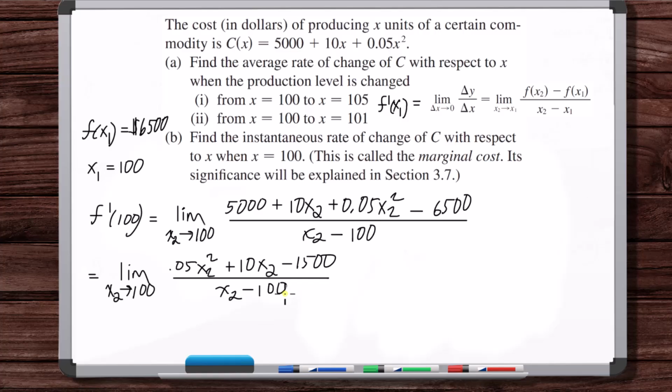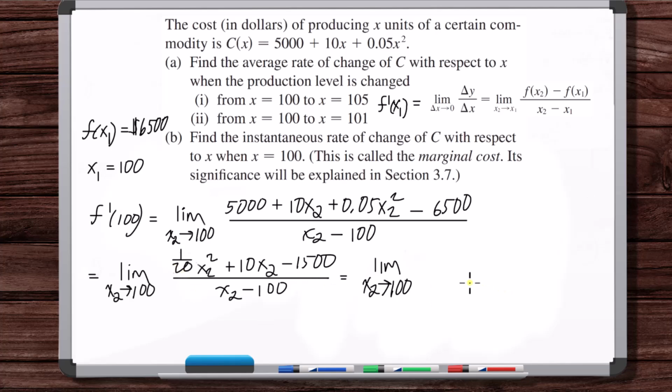This is 5 divided by 100 here, so this would be 1 over 20.